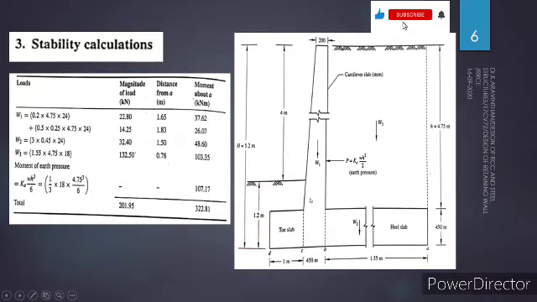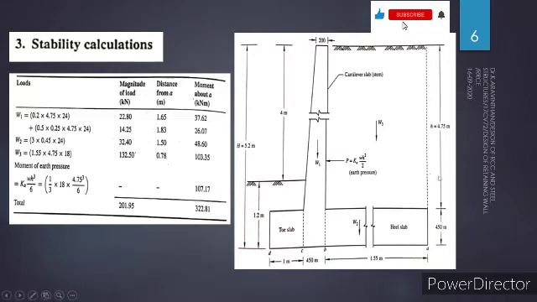For this triangle, the centroid will be 1/3 of base. What is the base here? Which is 0.25. 0.25 by 3 plus you will have a 0.2 here plus 1.55. 0.25 by 3 is 0.083, plus 0.2 plus 1.55, you will be getting 1.83.